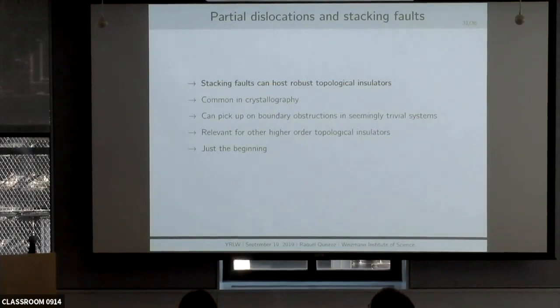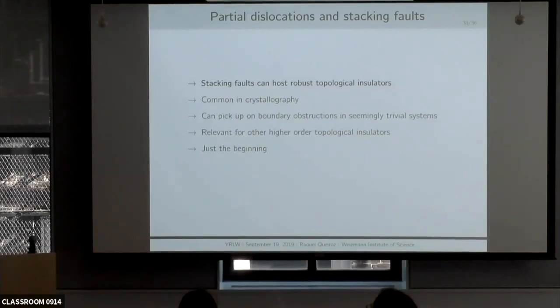So this is actually something that people have not noticed before, and I think it is very relevant, which is that in crystalline systems, we expect always to have these types of stacking faults, of defects in the way that you break the local symmetries. And those stacking faults can host topological modes. And in fact, they can host standalone 2D topological systems.